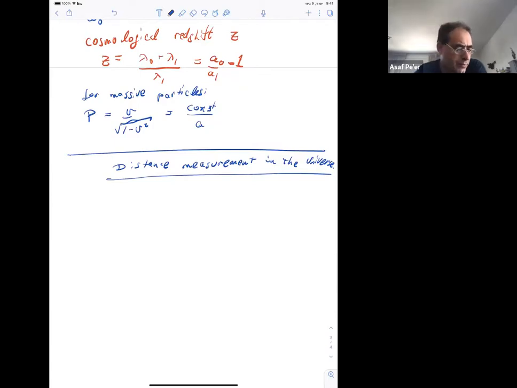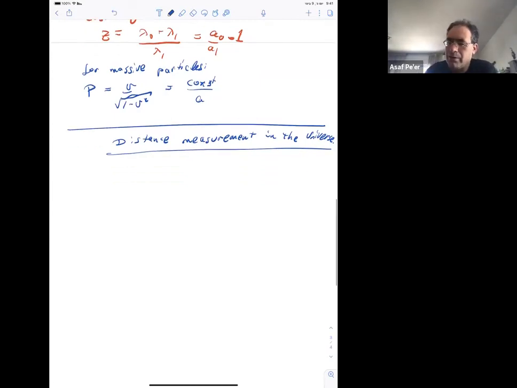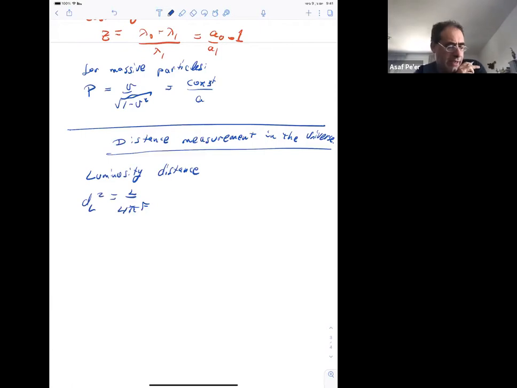So we can define something which is motivated by geometry, which is called the luminosity distance. That's important because in cosmology there is no such thing as a distance really. There are various types of distances. The first type that we talk about is the luminosity distance, called dL, and defined such that dL squared is just L over 4 pi f. So L is the luminosity, or the absolute luminosity of a source.